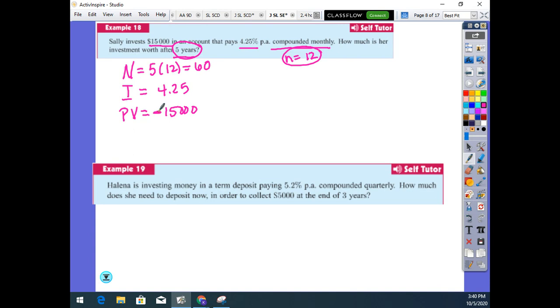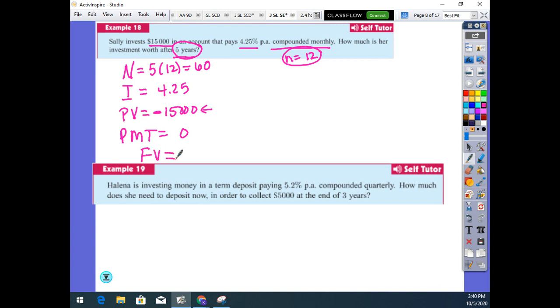Make sure it's the negative underneath the 3 that you're using, not the minus sign. 15,000, that's your PV. Payment. This is always going to be 0 for these problems because you're investing it as a one-time investment. You're not doing it as a payment every month. It's just a one-time plopping that money into an account.